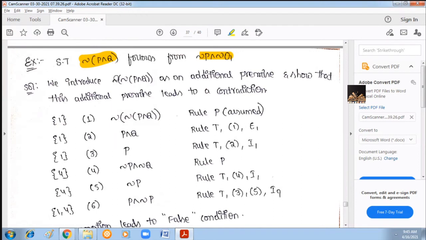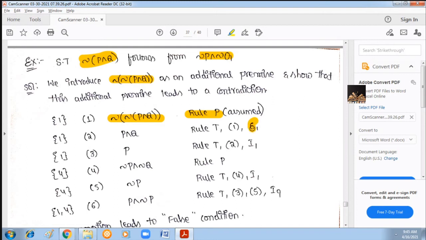So assume one new premise, which is the negation of the conclusion. That is your rule P, right? Now this is something like negation of negation.